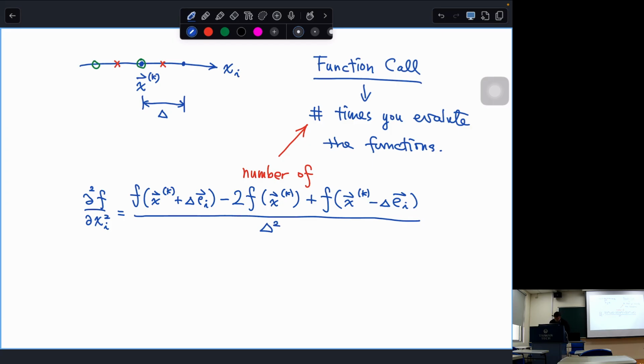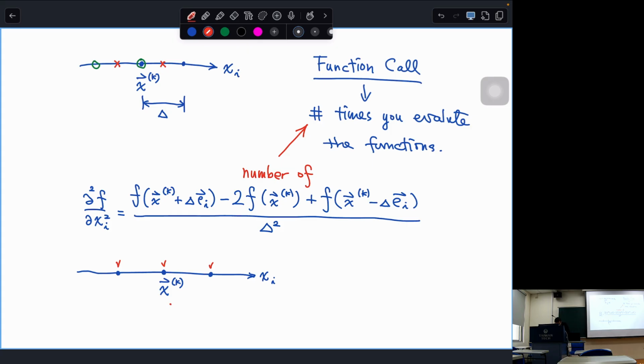So over here you can see when you are doing second order derivative using finite difference, you need 3 positions for your function values.